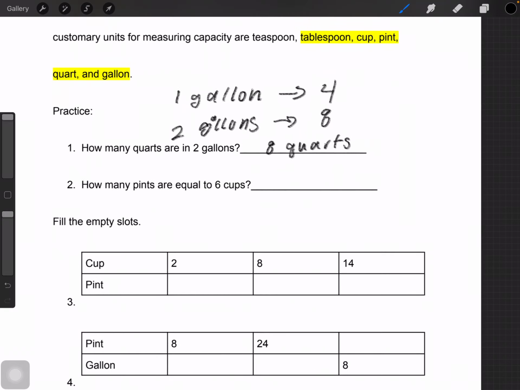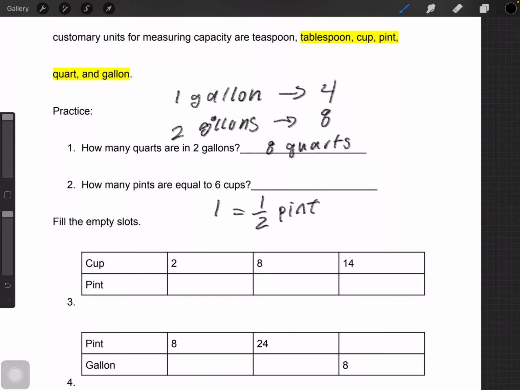So how many pints are equal to 6 cups? So we know that 1 cup is equal to half a pint.